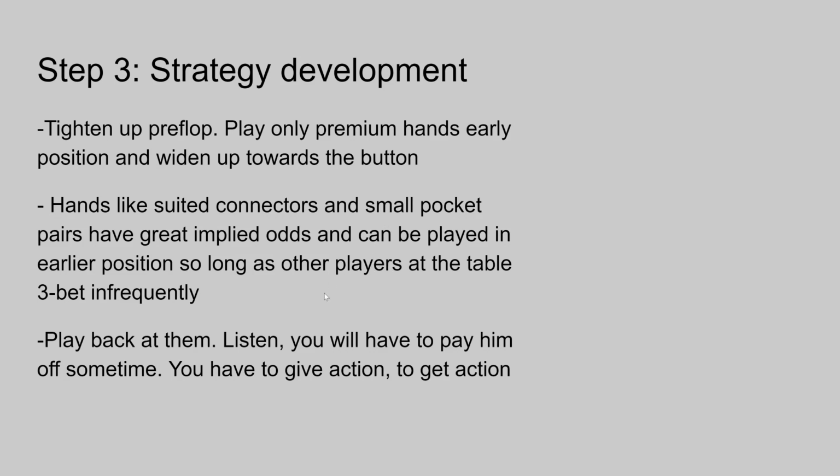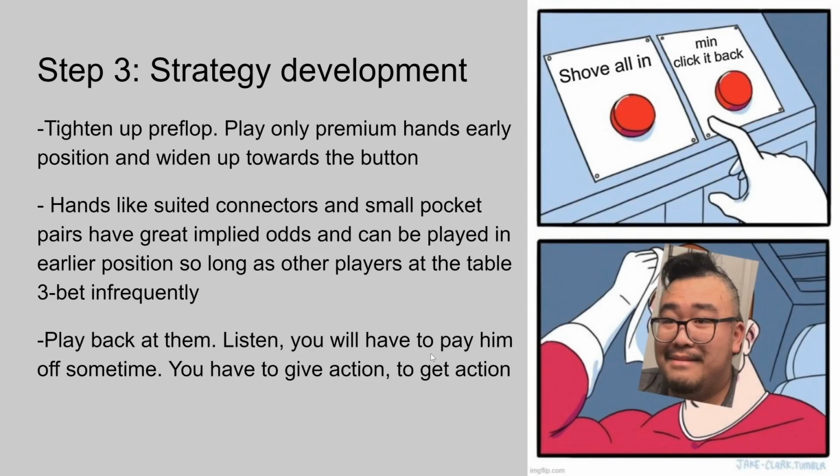But really you have to give action to get action with these guys, because if you're playing like a nit, if you're only showing up at the river with the nuts or close to that, they're going to start folding, or they will know to play away from you, and you will not get them, and you will not let them bluff into you, which is a big part of the strategy. You just want to let them do their thing.